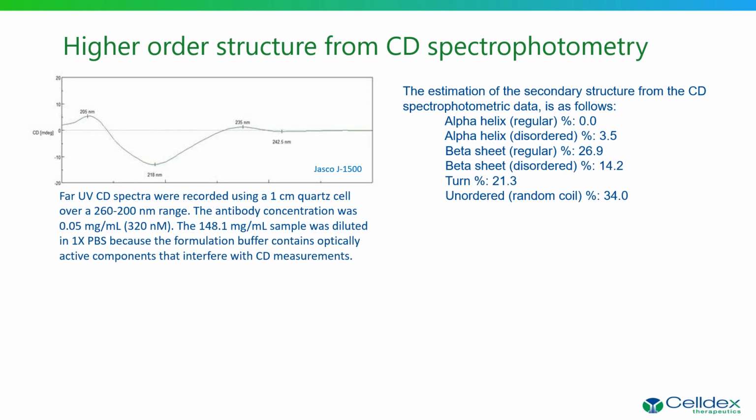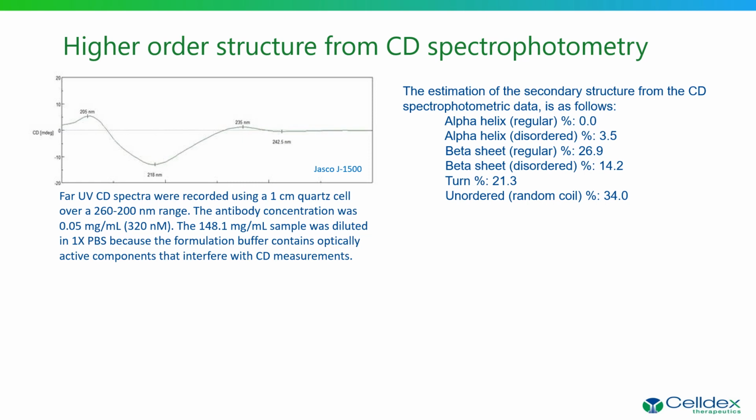We also obtained secondary structure information with circular dichroism spectroscopy with our JASCO J1500 CD spectrophotometer. However, in order to acquire the CD spectra, the 150 mg per ml sample had to be diluted significantly, and for the dilution PBS was used, because the antibody formulation buffer, the composition of which I showed you a few slides earlier, contains chiral molecules that interfere with CD spectrophotometry.